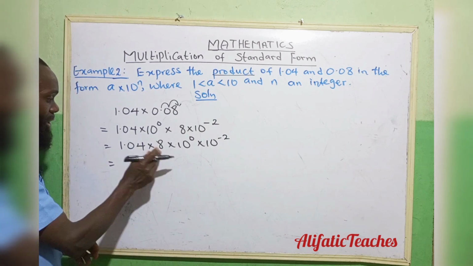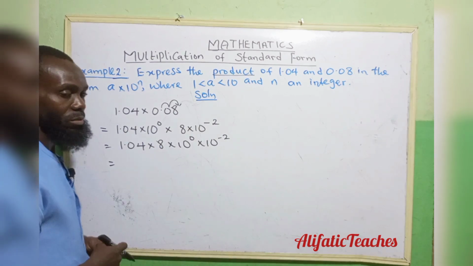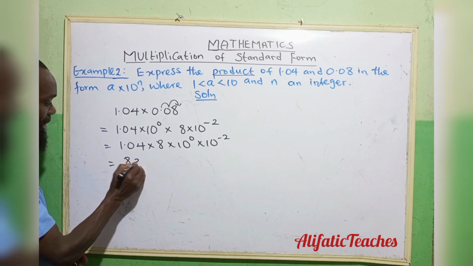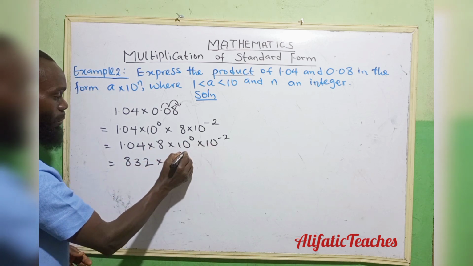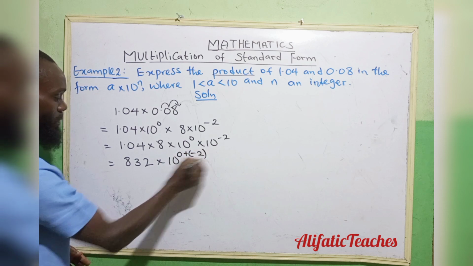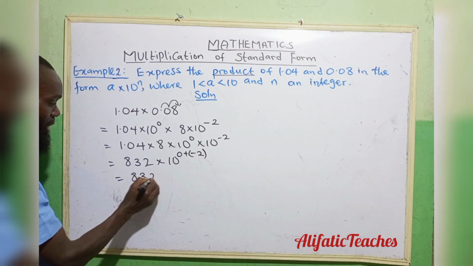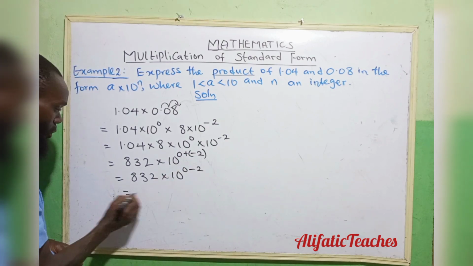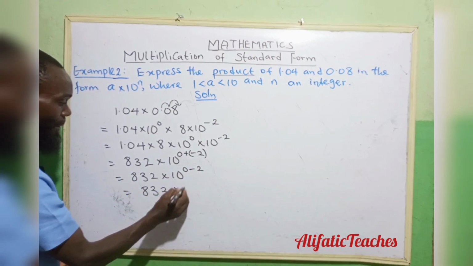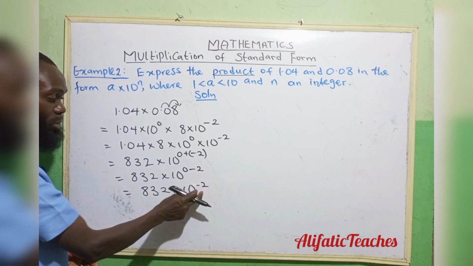Let us multiply this: we have 832 multiplied by 10 raised to the power 0 plus and minus minus 2. So we have 832 multiplied by 10 raised to the power minus 2.